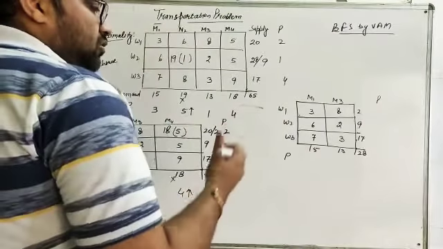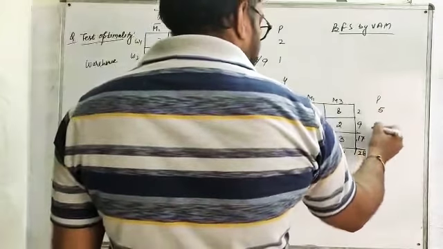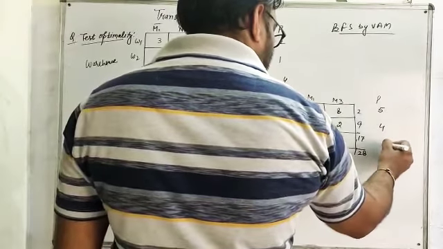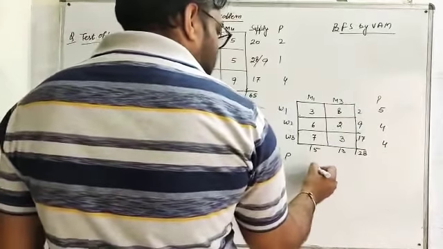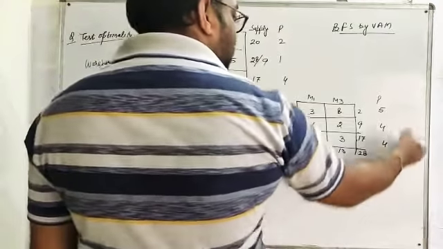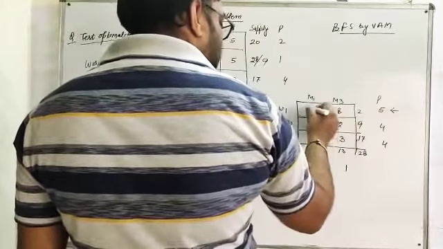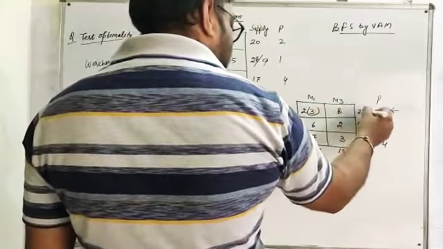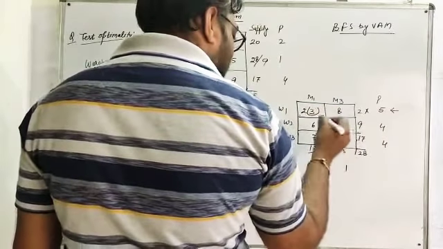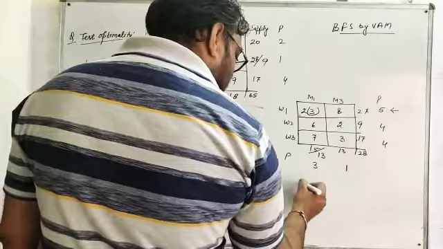So move on to the next step. Again calculate penalty. The penalties are 5, 4, 4, 3 and 1. The maximum penalty is 5, so we can put 2 on it. What is remaining? 30. So move to the next step.